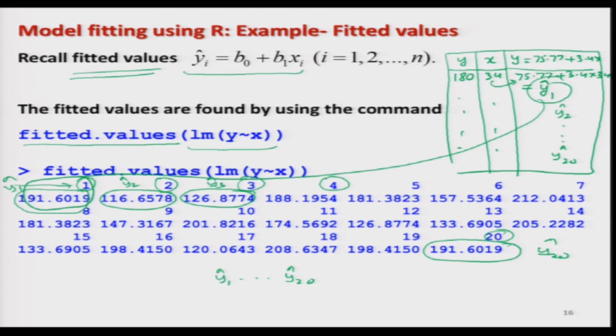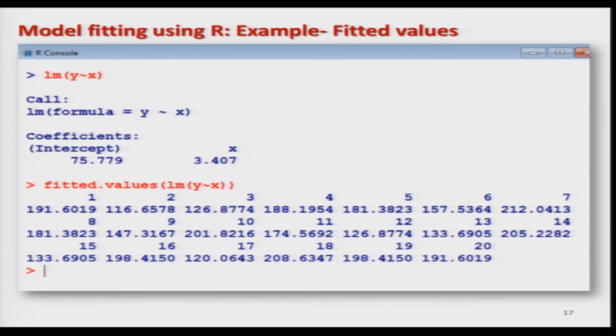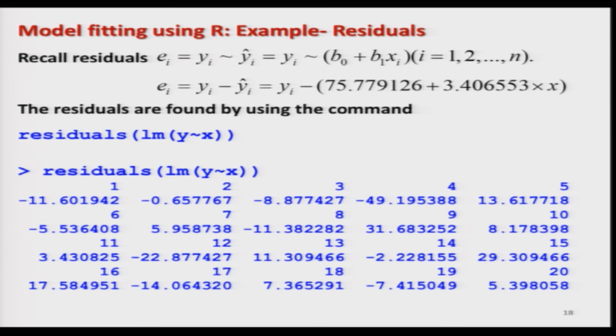Now if you want to find out the difference between the two, that also can be obtained, and this is the screenshot of the same operation which I showed you. Suppose you want to find the difference between the observed and fitted value, which we have called residuals.